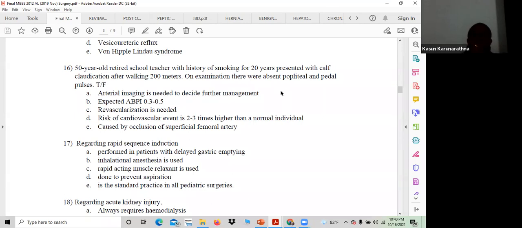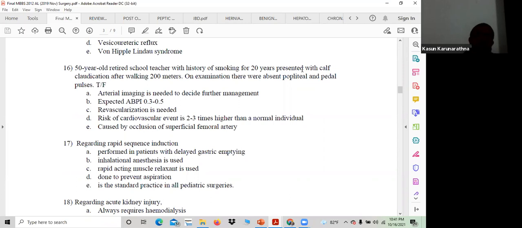Right? Most probably the obstruction is in the superficial femoral artery. According to the Fontaine classification, right? There are 4 stages. Stage 1 is asymptomatic.